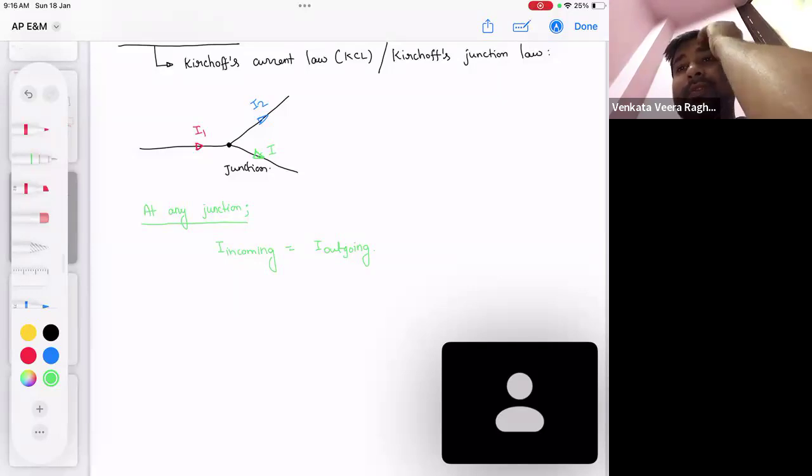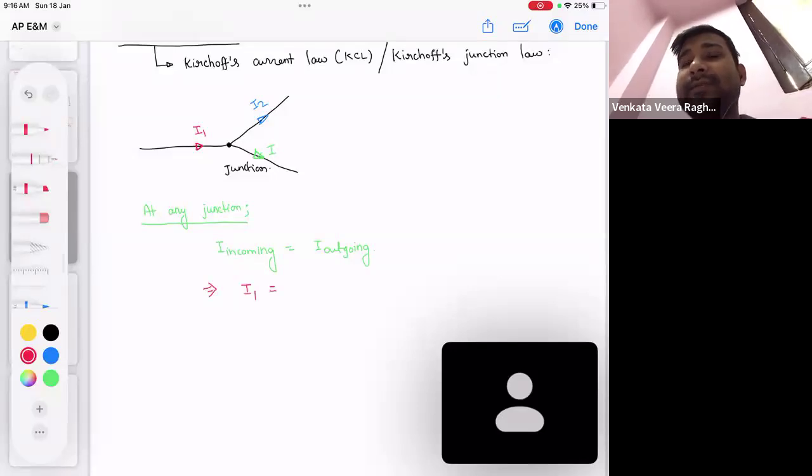At any junction in a circuit, what should happen? The amount of current entering the junction must be equal to the amount of current exiting the junction, isn't it? So if you look here, what is the incoming current? I1 is the incoming current.